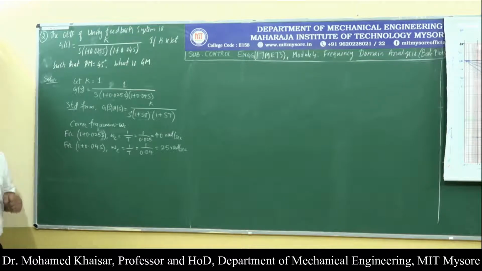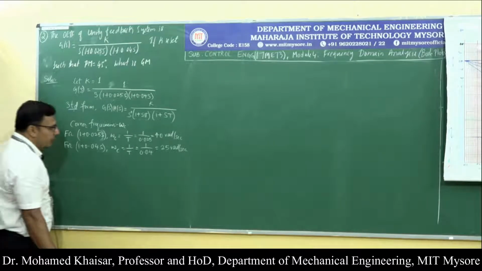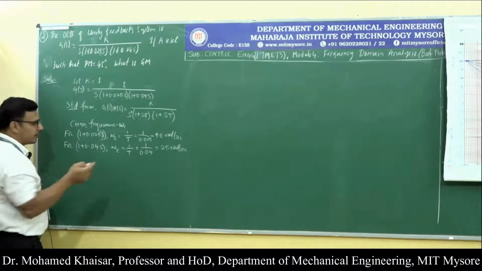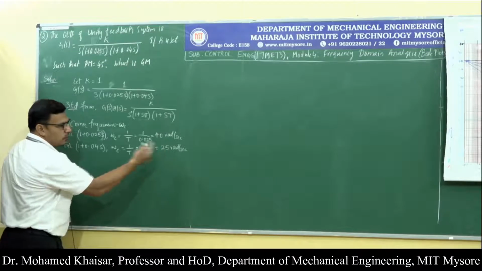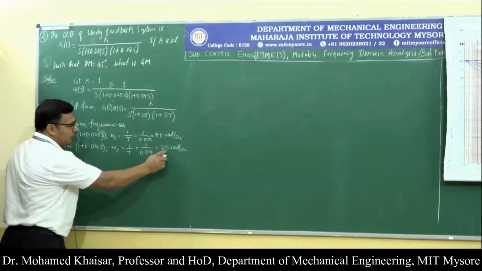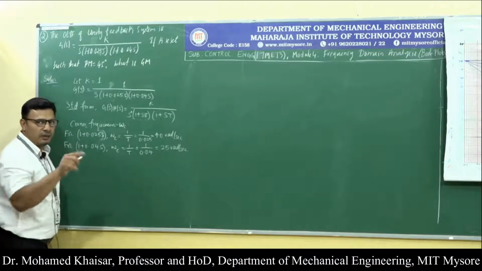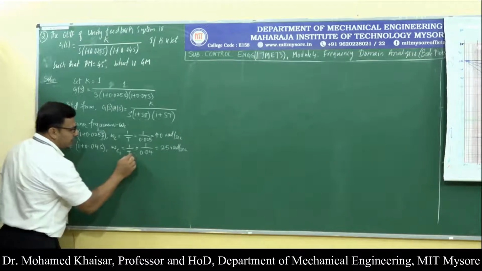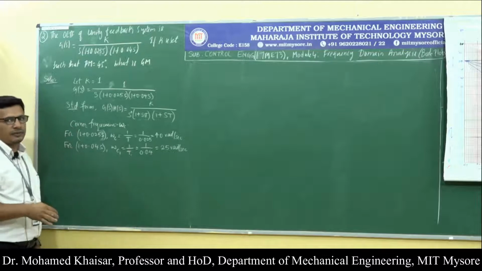Now as per the regulation, the lowest corner frequency should be written as omega c1, the first corner frequency. Among these two, 25 radians per second is the lowest corner frequency. We designate that as omega c1, and the reference T as T1.